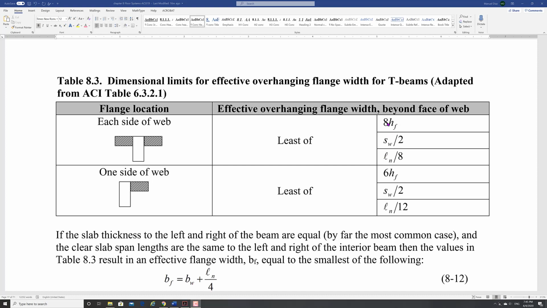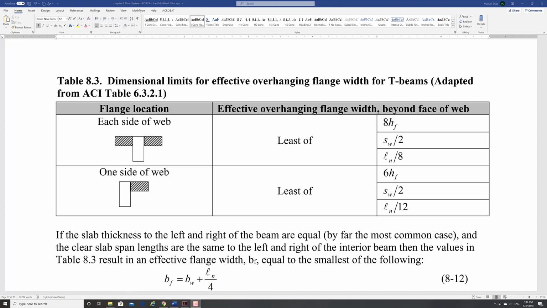So you have three choices. You pick the least value of these, the smallest. And the same for the case of the spandrel beam. That's what it is in your ACI, section 6.3.2.1.